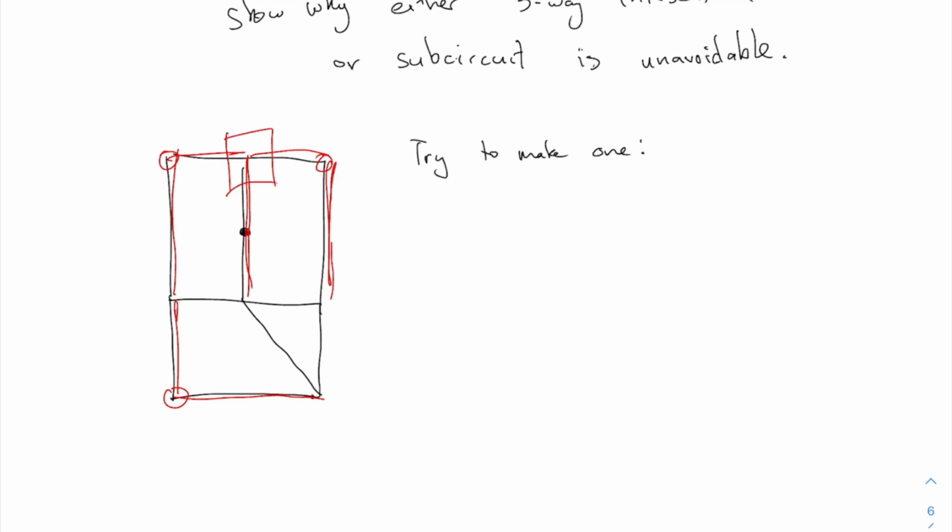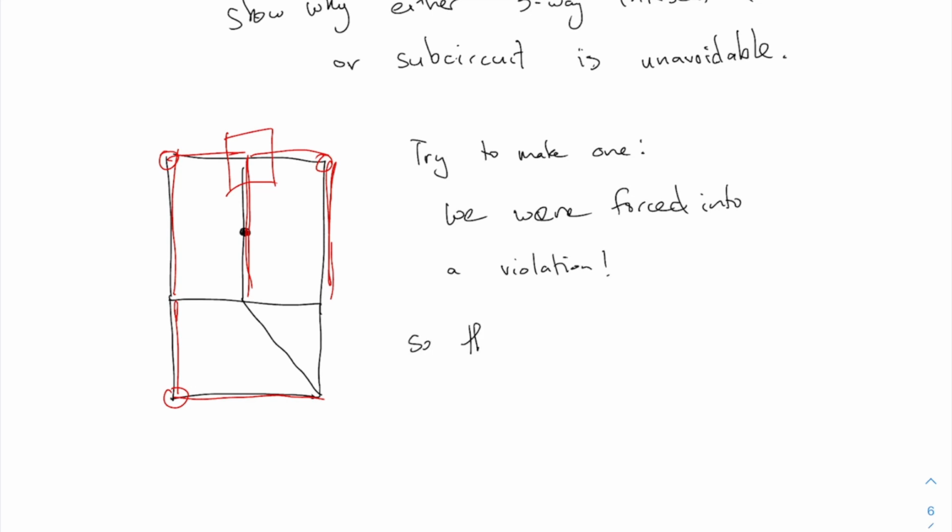And that means, this is not because of some choice that I made. It has to be a three-way intersection there. That means automatically it's not possible to do a Hamilton circuit here. So I tried to make one. We were forced into a violation.